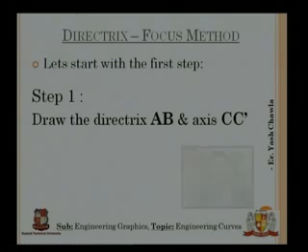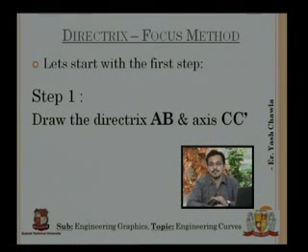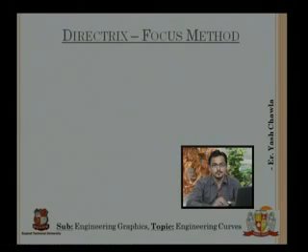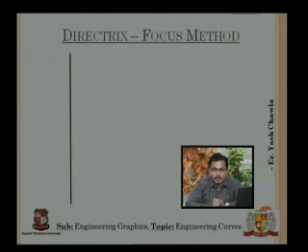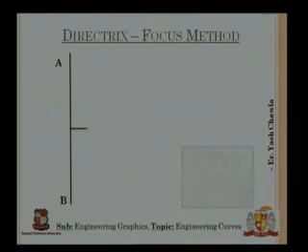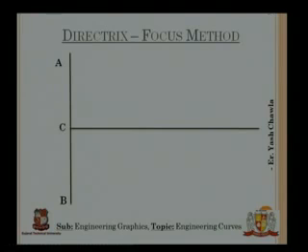The first step is to draw the directrix and to draw the axis, that is CC dash. There is no particular measurement for it. It is just that AB should be perpendicular to CC dash. So first I'm drawing AB like this, and then I'm going to draw CC dash, which is exactly perpendicular to AB.